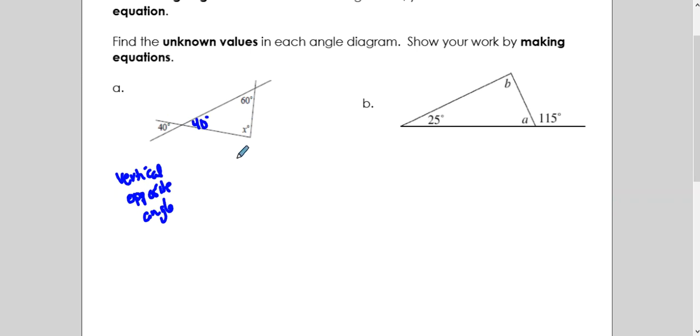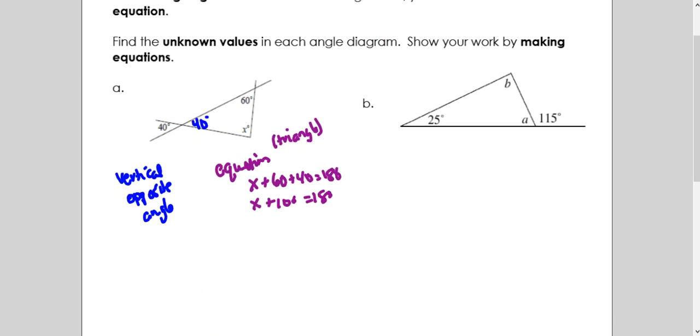Now we can make an equation. We can say now that x plus 60 plus 40 equals 180, because this is a triangle. So x plus 100 equals 180.